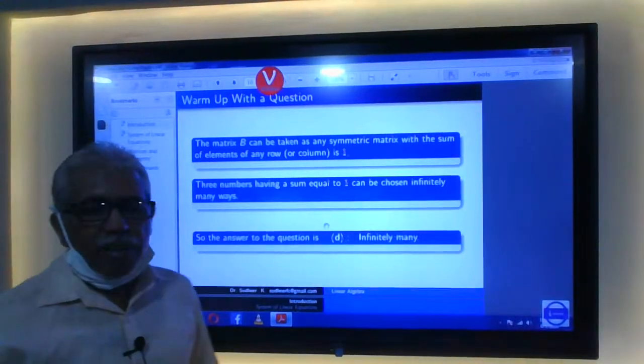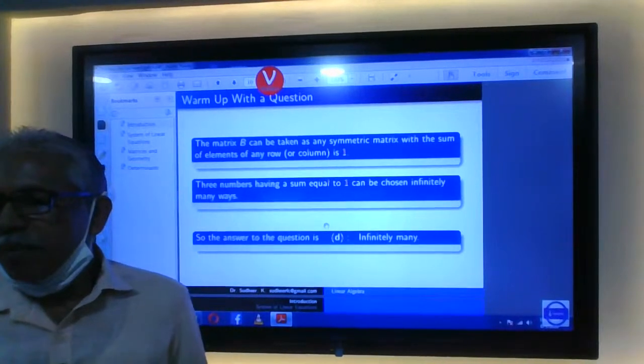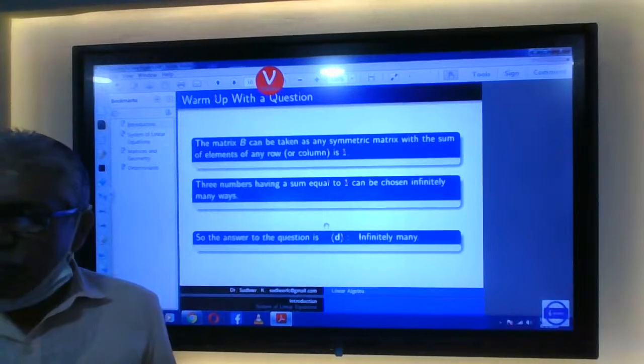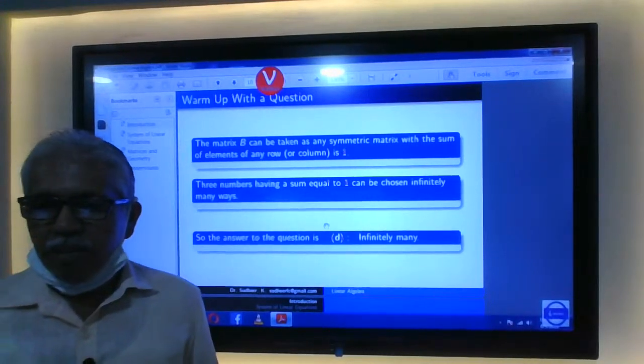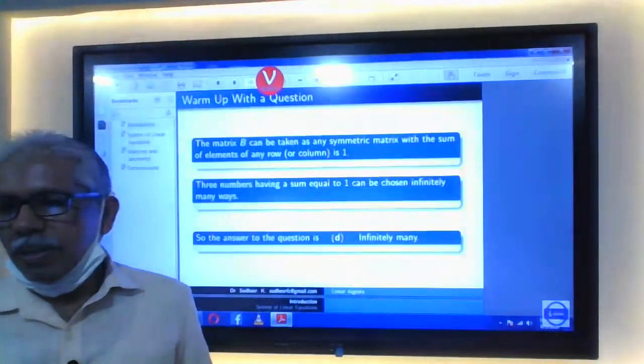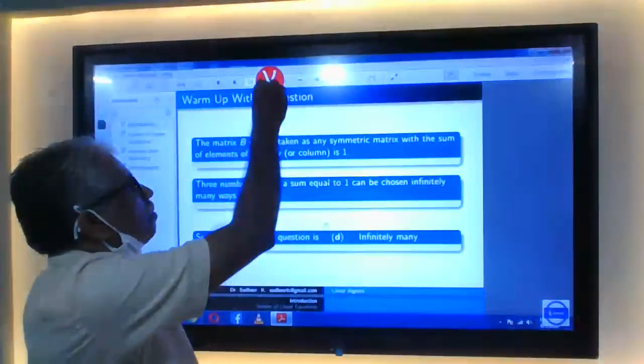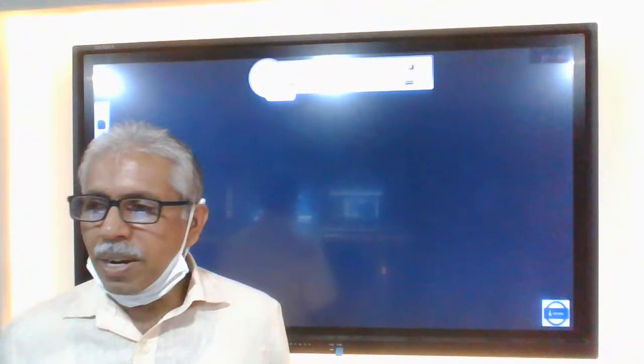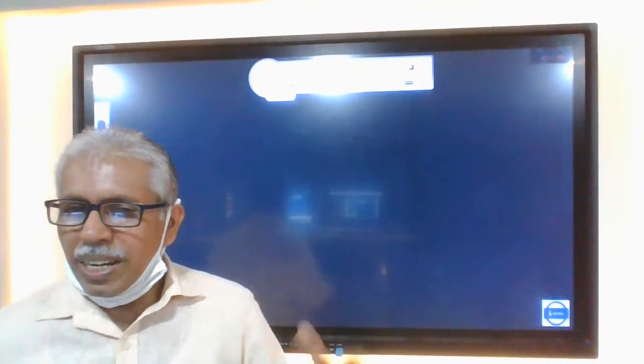And three numbers having a sum equal to 1 can be found in infinitely many ways. So the answer to that question will be infinitely many.